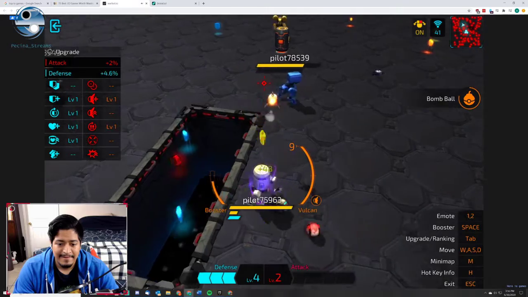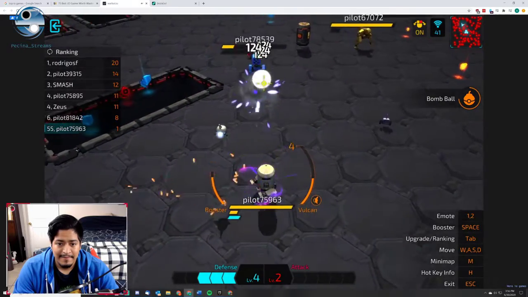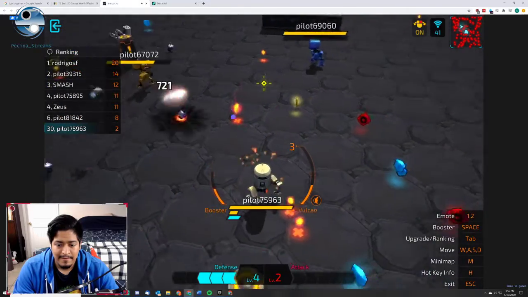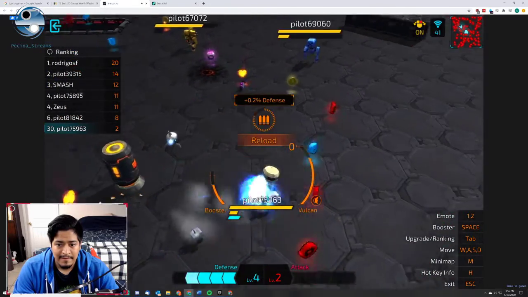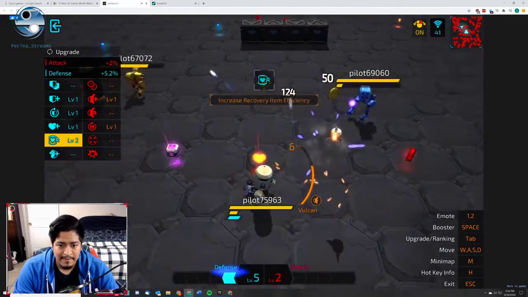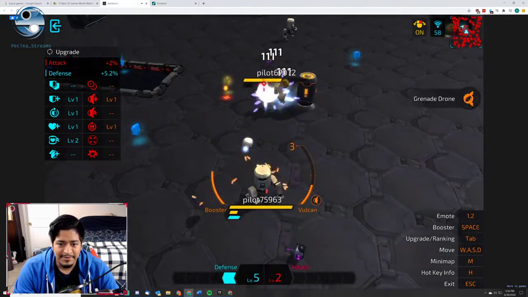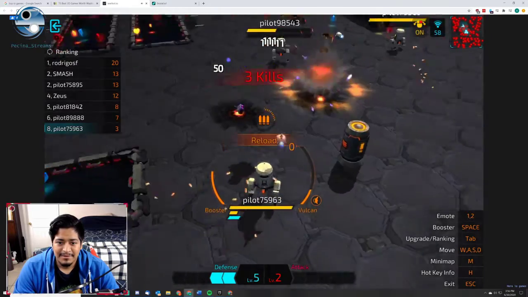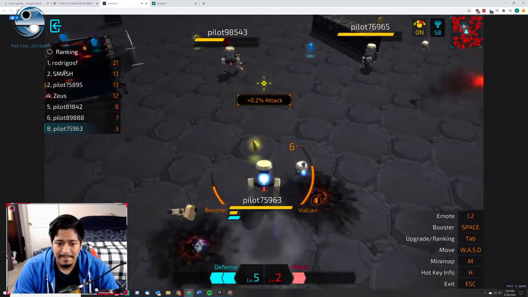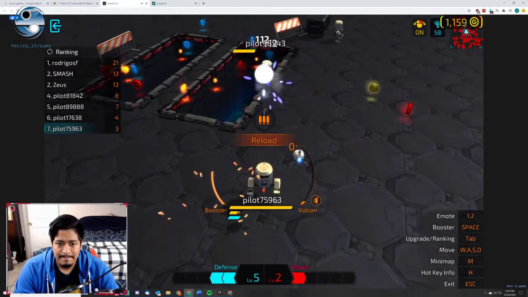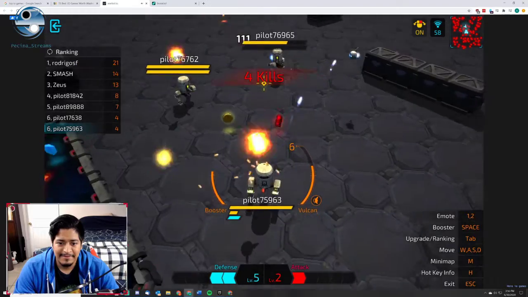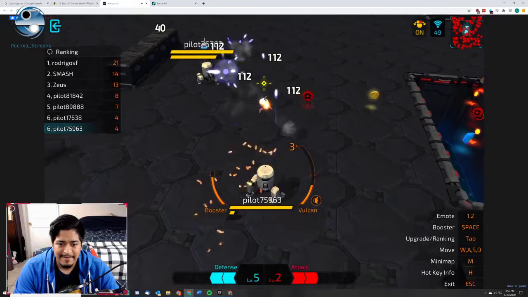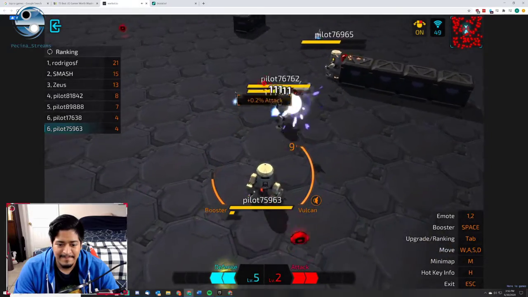Do I? Yeah, I'm pretty sure these are bots. They're just moving around in the same order. Ah, that counts. No? What? How did I not get that pickup?